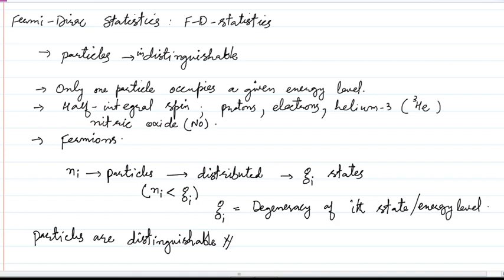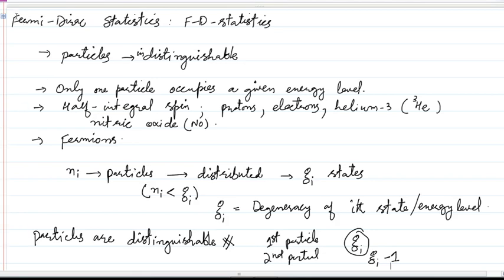So this implies that the first particle can be placed in any of the Gi states, the second particle may be placed in Gi minus 1 states, the third particle in Gi minus 2, and similarly the Ni-th particle can be placed in Gi minus Ni states.